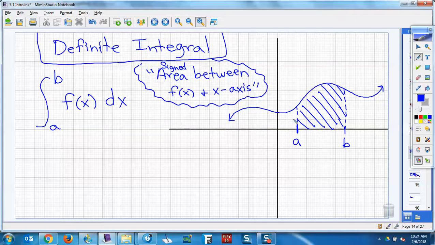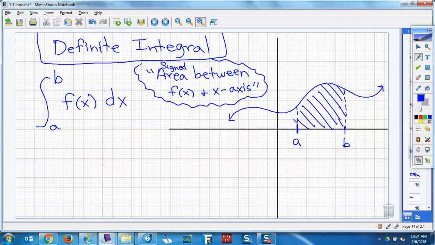It's the area between the curve and the x-axis. Now, the dx. What do you suppose the dx means? Well, what does it mean in dy over dx? With respect to, right? So dy over dx is like the derivative of y with respect to x. The dx just means with respect to. So this is saying the area from a to b underneath f of x.